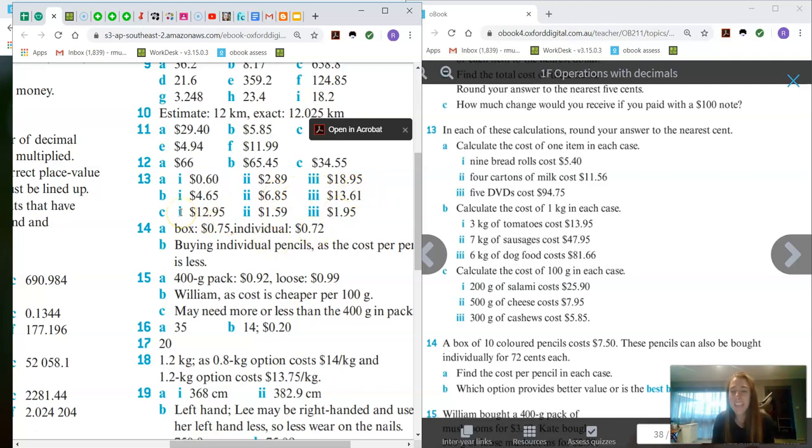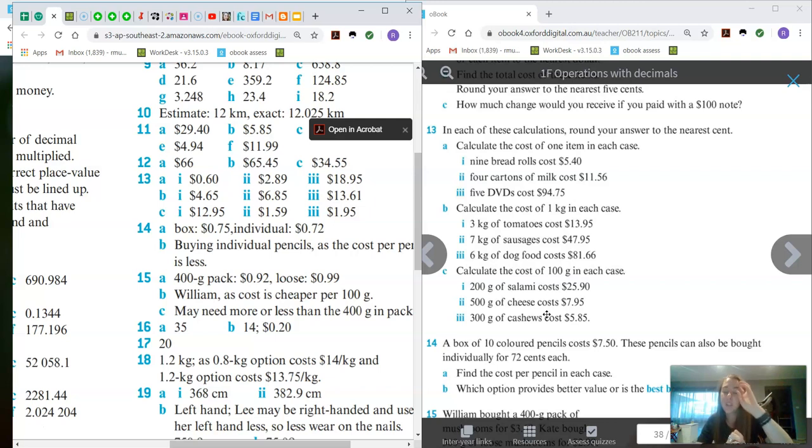C. 100 grams of salami will cost you $12.95. 100 grams of cheese will cost you $1.59, and 100 grams of cashews will cost you $1.95. So hopefully you are all over that at the moment. We're going to pause here.